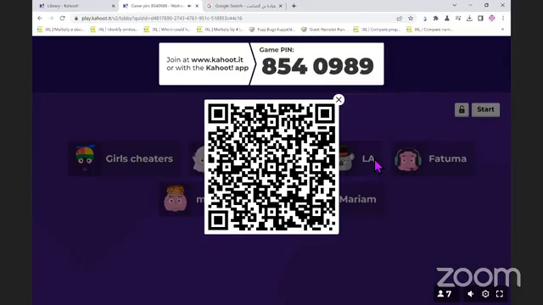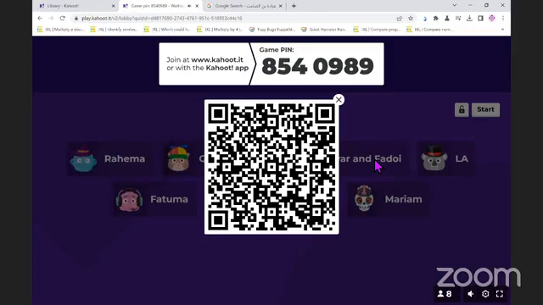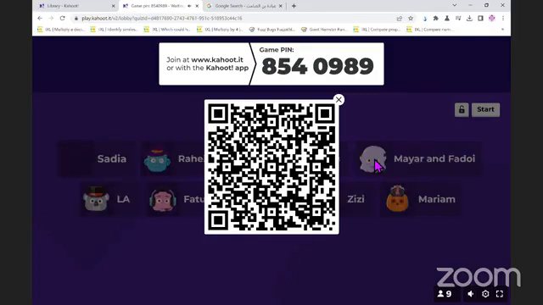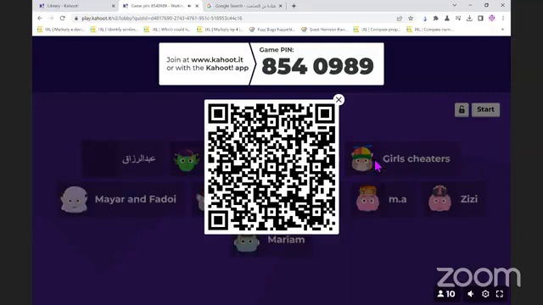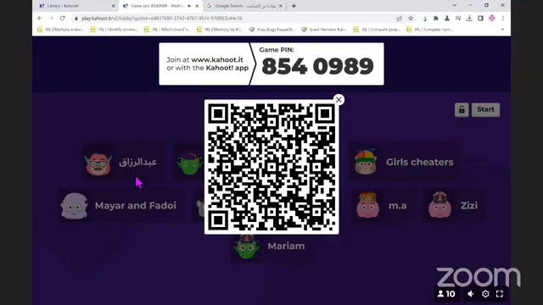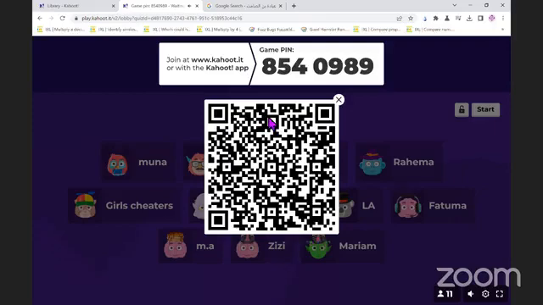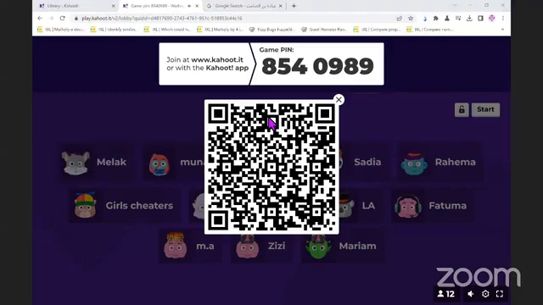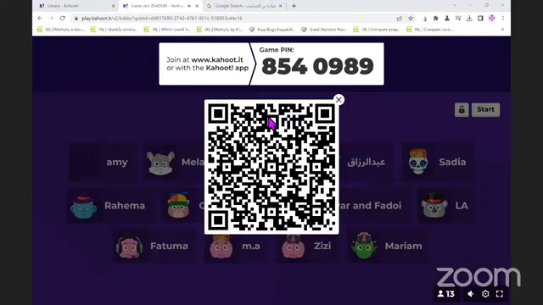We're girls cheaters. La ilaha illallah. No, don't do these names. Oh, Abdul Razak is with us too. What are you doing? I'm taking a picture of it. It does work. Yeah, but you have to scan it, don't you?